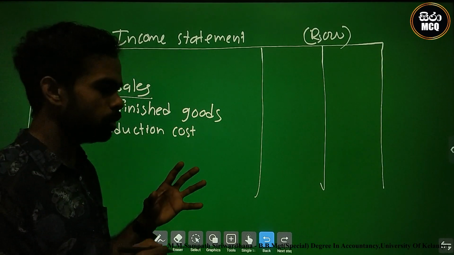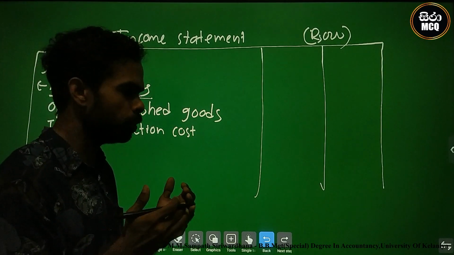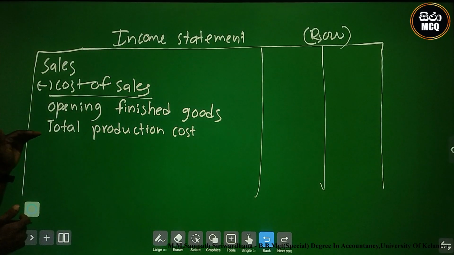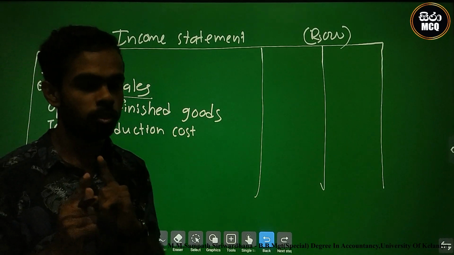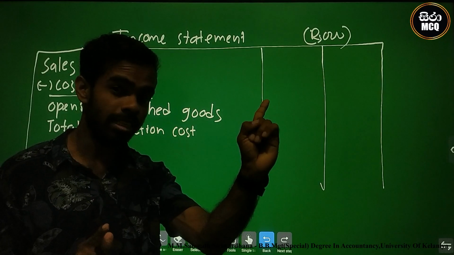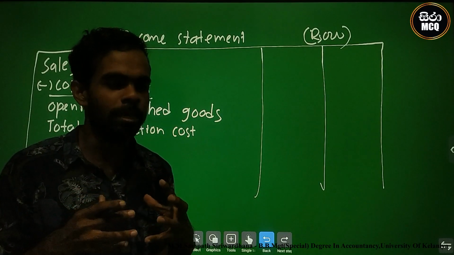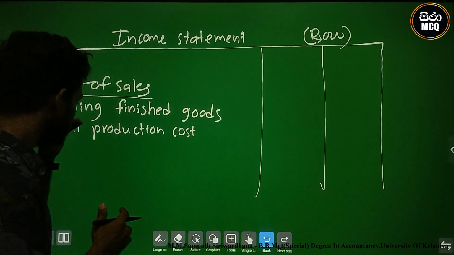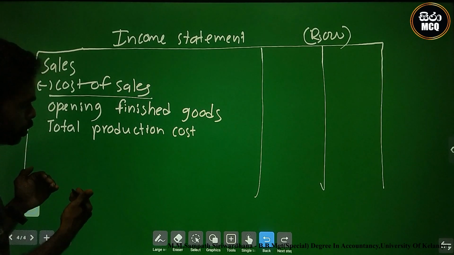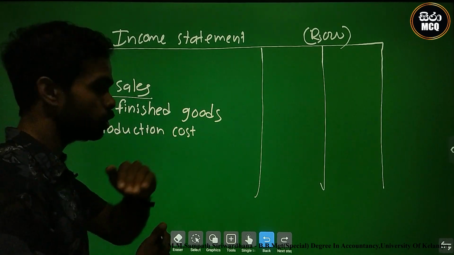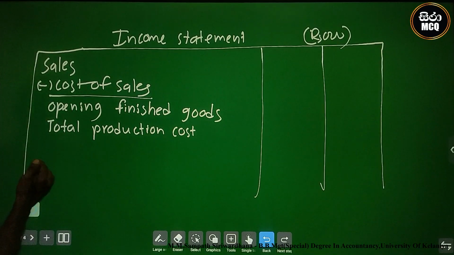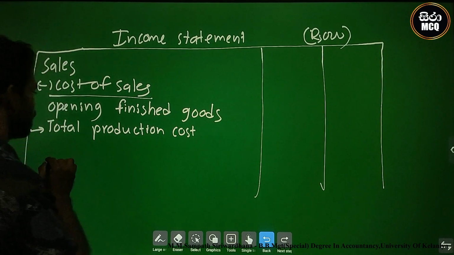At the normal points, you can see there is purchasing of finished goods. There is no purchasing from outside. We only own produced some stocks. Okay, therefore we must add the total production cost.